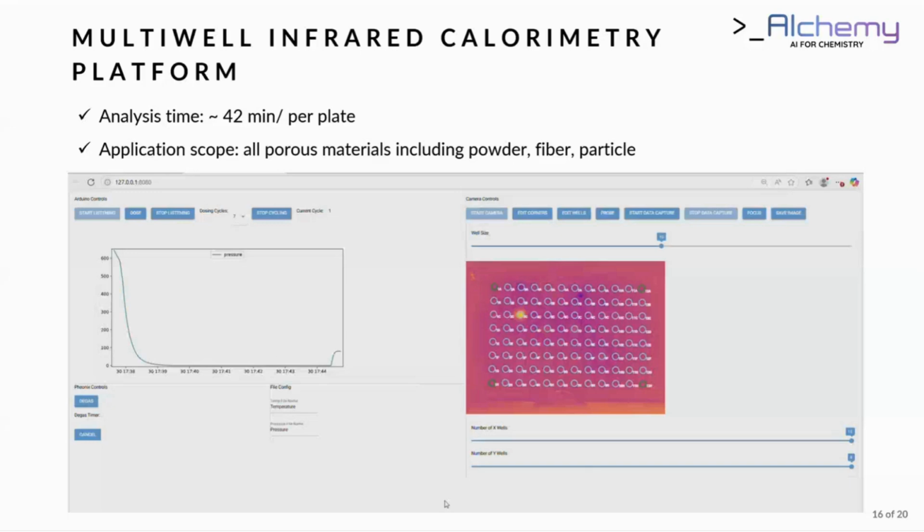The entire analysis only takes about 40 minutes per plate. Now we are waiting for the next dosing. As it begins, the same wells light up again, confirming not only the absorption response but also its reproducibility from the physical absorption.